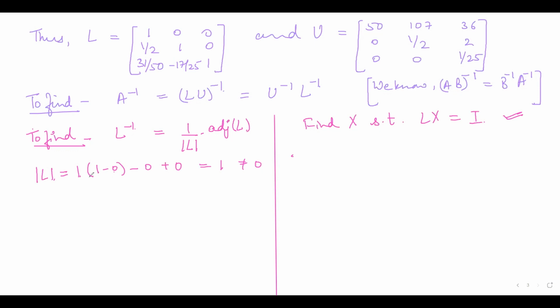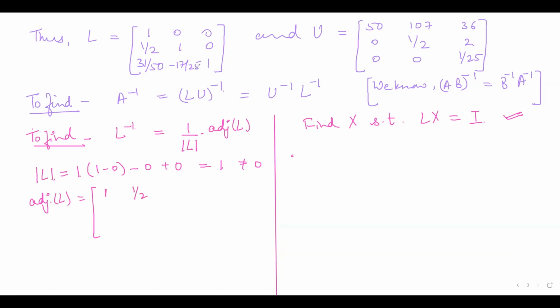Now what is adjoint of L? Adjoint of L is just the cofactor matrix transpose, right? So how to calculate the adjoint of L? That would be my cofactor matrix transpose. So I'll just find it, and then I'll do the transpose of it. Let us find this. First of all, I'm getting this as 1. Then this is my value half.